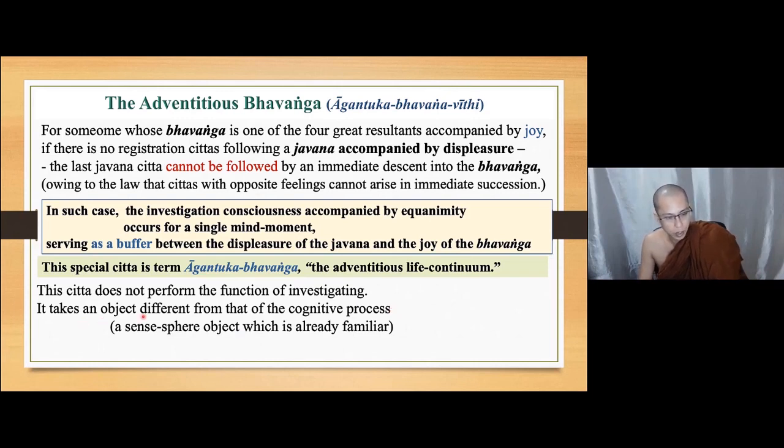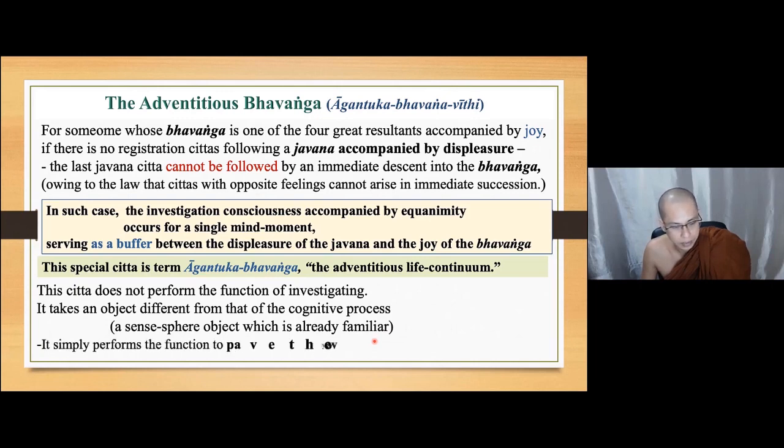So it takes an object different from that of the cognitive process. As I mentioned, normally the dharamana follows the javana in the object. But in this case, it is not dharamana, so it does not need to follow the javana. That's why it takes a different object, but it must be a sense-sphere object, already familiar.